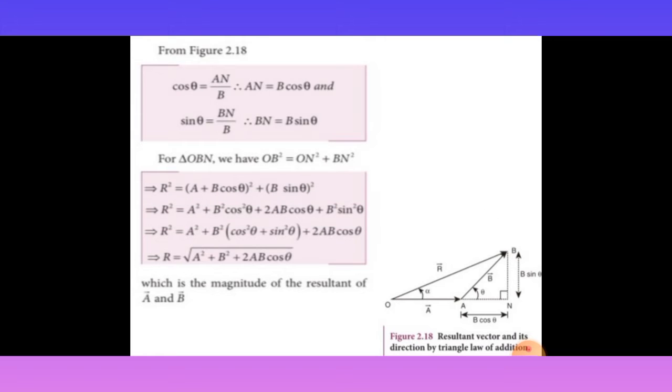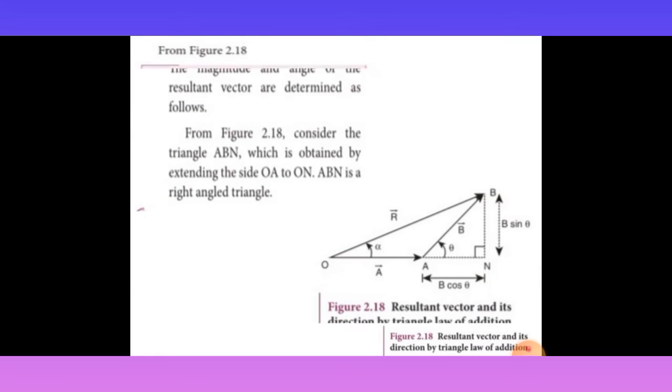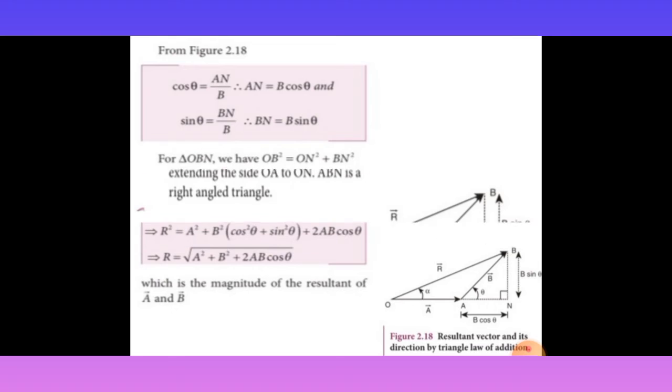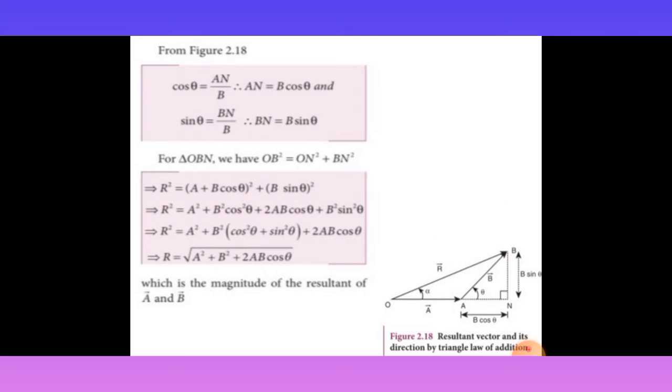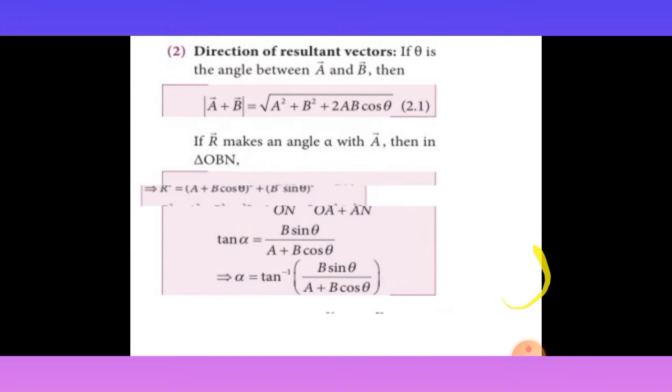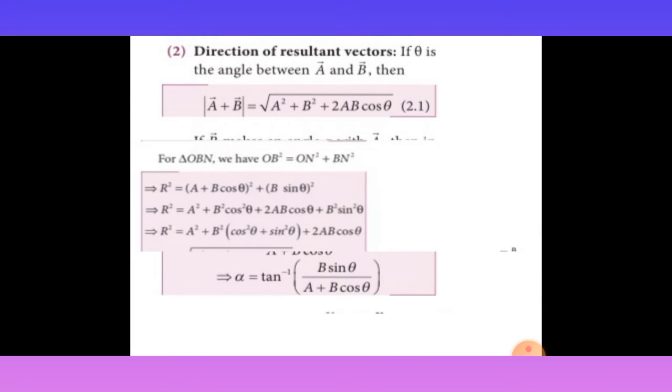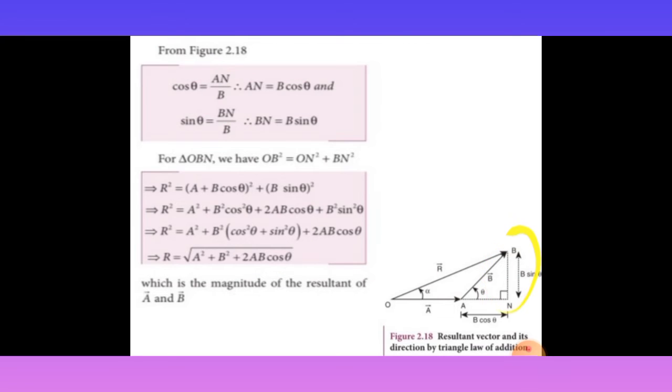So from the figure, we can calculate the value of cos theta. What is the value of cos theta? Cos theta is equal to adjacent side divided by hypotenuse. According to this diagram, BN is the opposite side and AN is the adjacent side. The b vector is the hypotenuse.